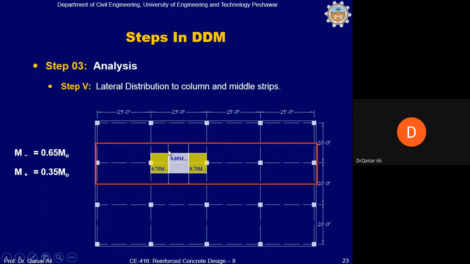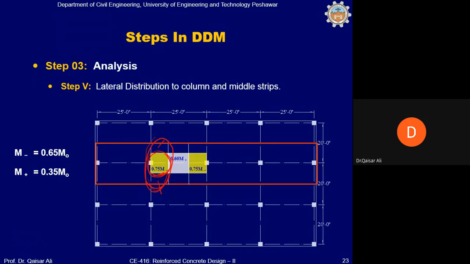The total bending moment 0.65 M naught here in this portion: of this 0.65 M naught, 75% will be given to the column strip negative moment here. And the remaining 25% will be divided equally on both sides of this column strip to the middle strips, 12.5% on this side and 12.5% on this side.